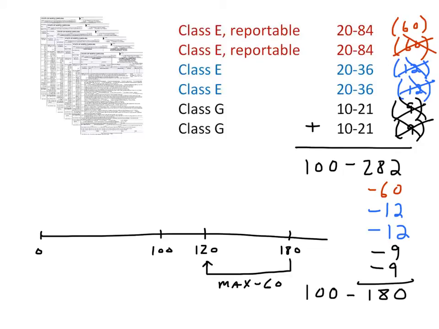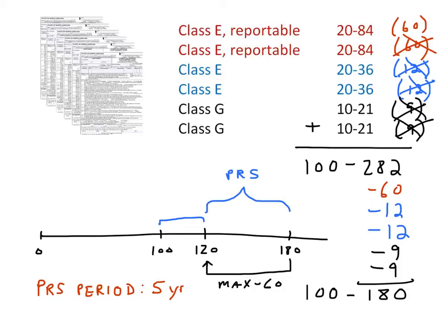That means the release is going to be somewhere between 100 and 120, depending on how much earned time the inmate accrues, and we're going to leave this 60 months hanging over the person's head for a single term of post-release supervision, and the length of that term of post-release supervision, because this is a Class B1 through E sex offender, is 5 years. So at the end of all these sentences, on post-release supervision for 5 years, with these remaining 60 months of imprisonment hanging over the person's head.